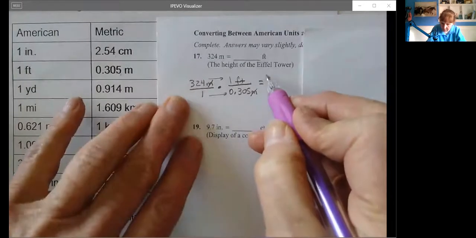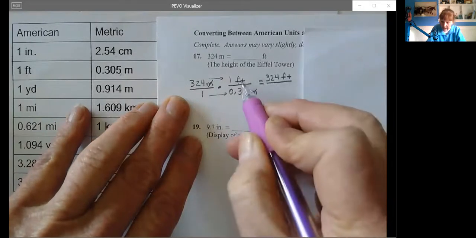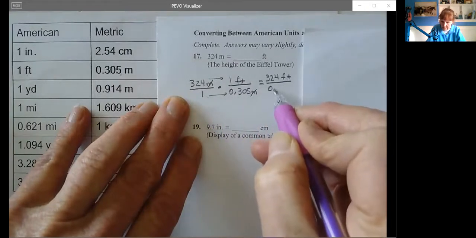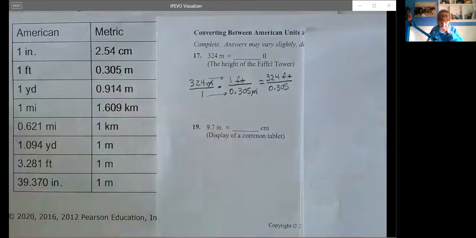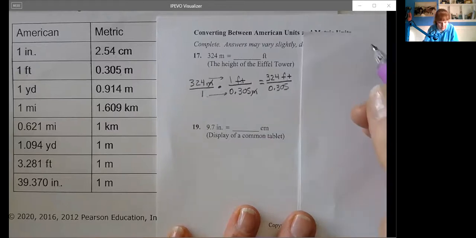So we've got 324 feet. I had the feet right there. 1 times that is 0.305. So I can use my calculator and take 324 divided by 0.305. And let's see, depending on the conversion used, where they want you to round your decimal off to.